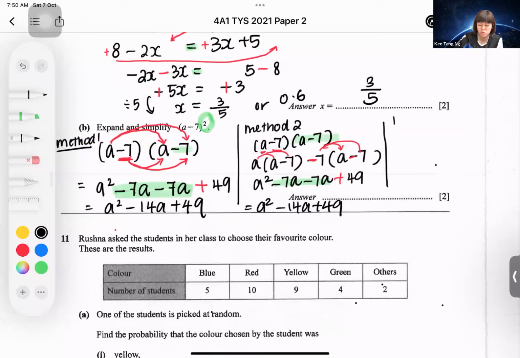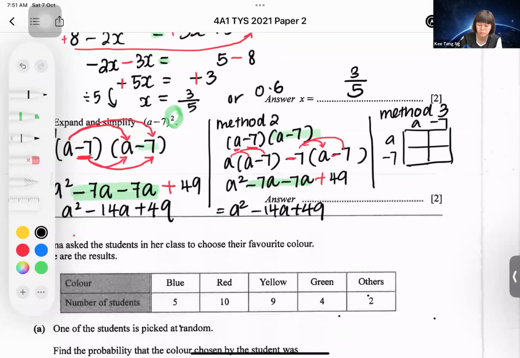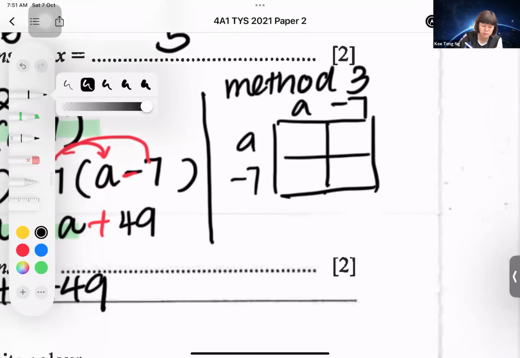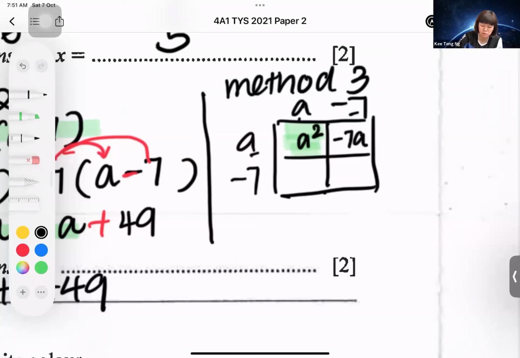I can also do a method 3, the box method. So I will have a box. This is A minus 7, A minus 7. Then I'll fill inside the box. A times A is A squared. Then A times negative 7, negative 7 times A, negative times negative.